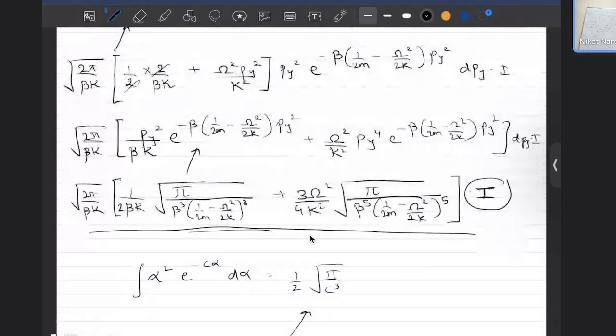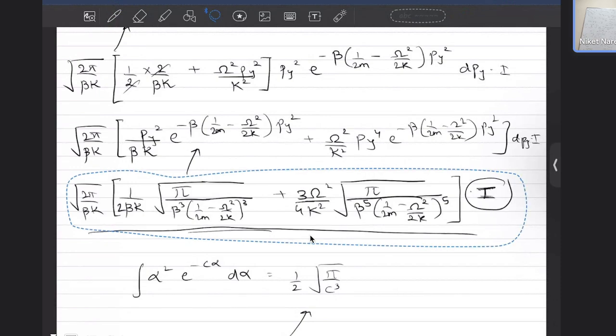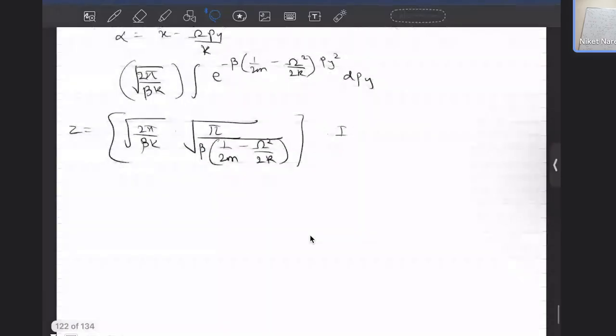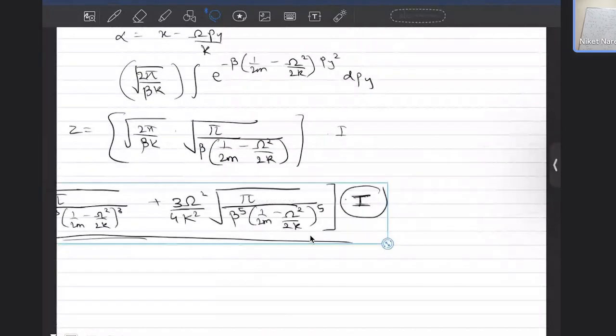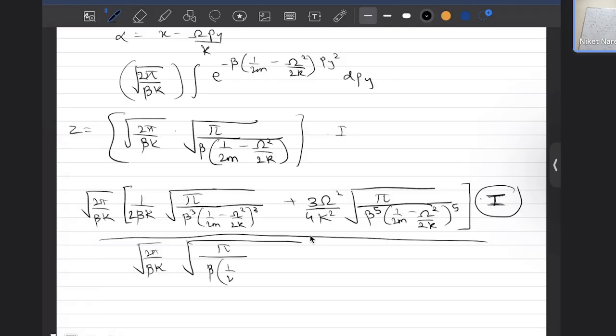Okay, so yes, this is the term which I have. I'll copy this, I'll put it here, paste, and now I'm dividing this by z, which is 2 pi by beta kappa into square root of pi by beta, 1 by 2m minus omega square by 2 kappa.